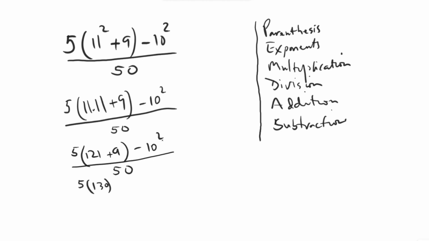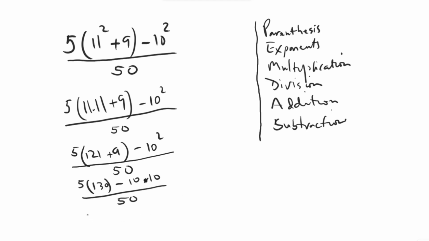And now let's take care of this one here. Minus 10 times 10. So 10 times 10, this is 10 squared. 10 times 10 over 50. So now, 5 times 130 minus 10 square. 5 times 130 is 650, but 10 square, 10 times 10, is 100.